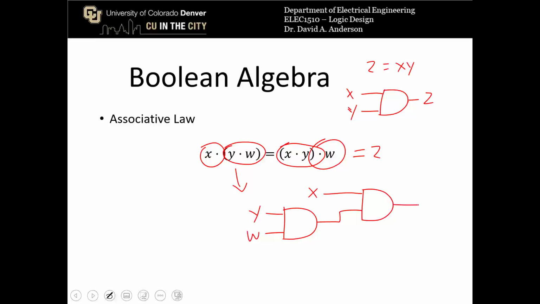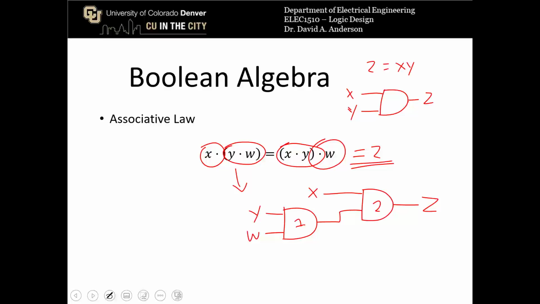And then the output here is z. Again, I assigned an arbitrary output z. So what this means is what was inside the parentheses is the input to the first AND gate here. What was outside the parentheses is the input to the second AND gate.